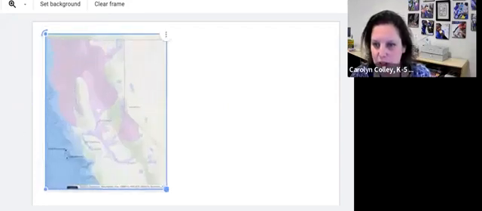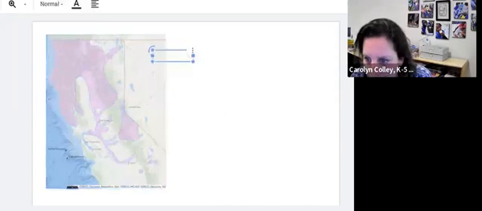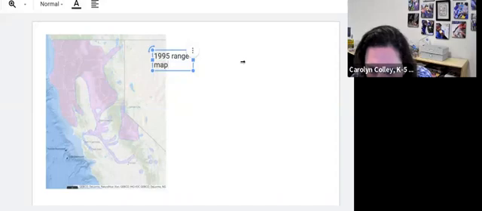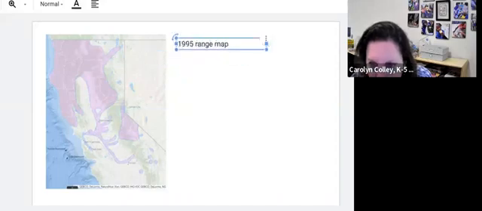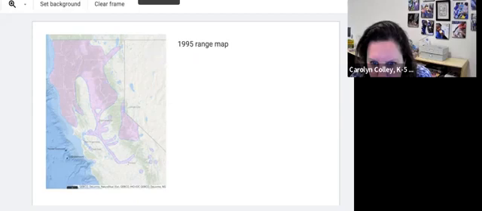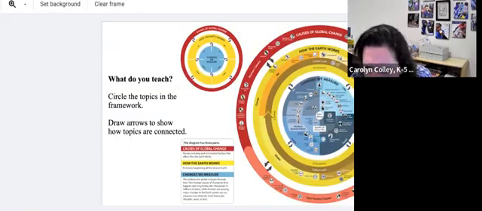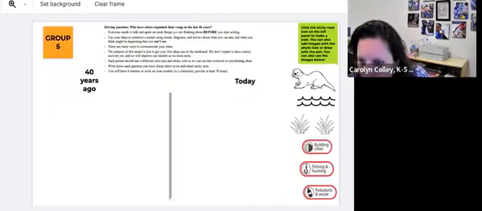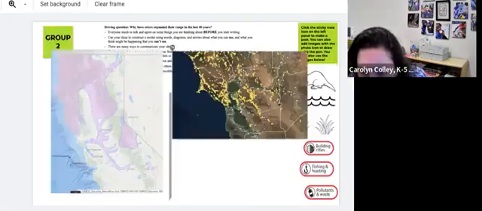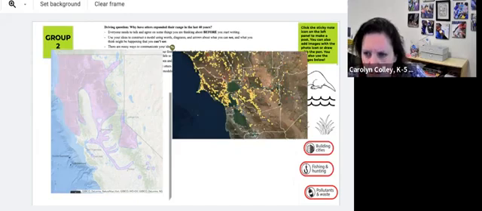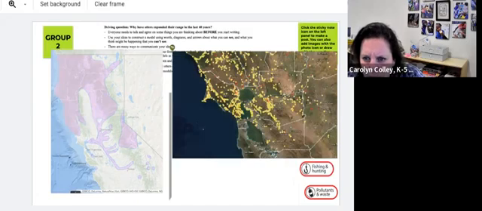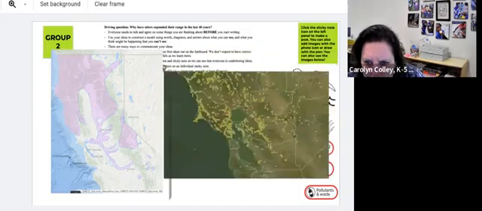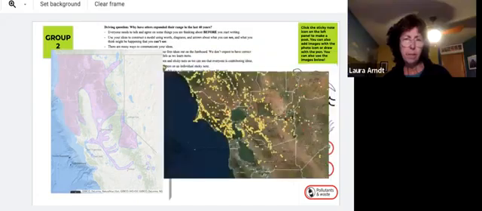So 40 years ago and today. And then I'm also like, what part of the map is this? Where's San Francisco? I'm looking for a point of reference. Okay. It's a little bit different.